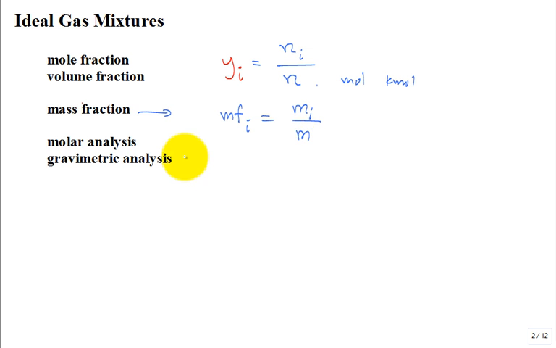You can jump back and forth between a molar analysis and a gravimetric analysis. What do I mean by gravimetric? This is another way of saying an analysis by mass. Do you recall when you first learned what big M was? Big M was the molar mass, but a lot of people used to call it, or still call it, molecular weight.